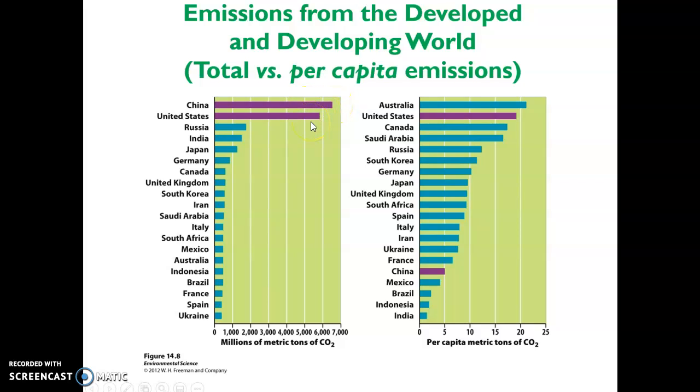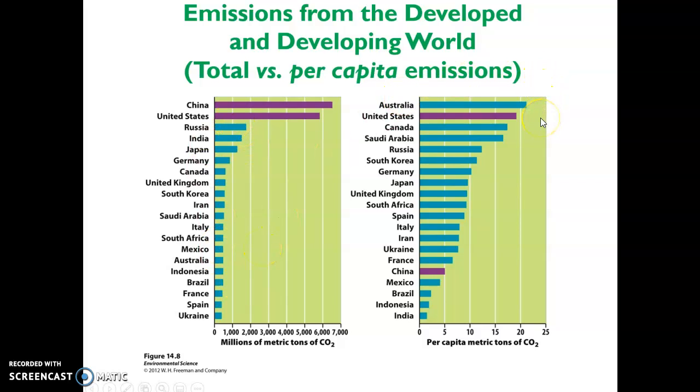The United States is second, and India comes in here at fourth, with Russia in third. So all of these numbers, the China and the US numbers, are quite a bit higher, many, many times higher than these countries. In fact, they're more like all of these countries put together.